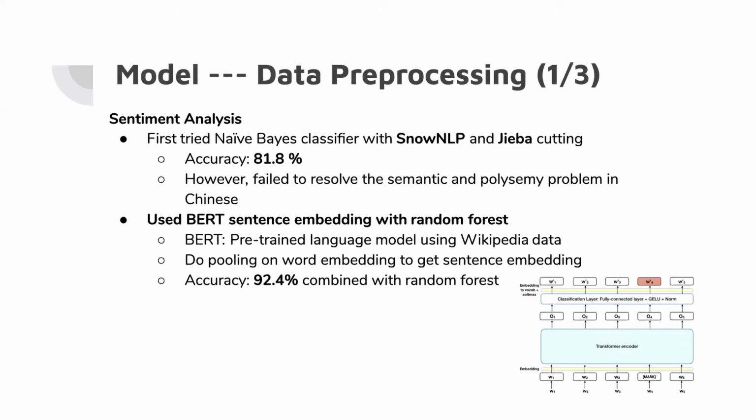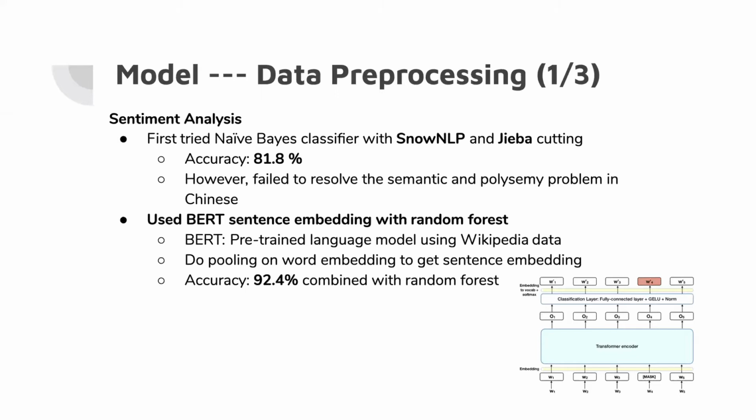After we have these pieces, we can give each piece a tag, and then use the words or phrases with the tags to train a naive Bayes classifier to know if the sentence is positive or negative. After the training, the accuracy is about 82%.